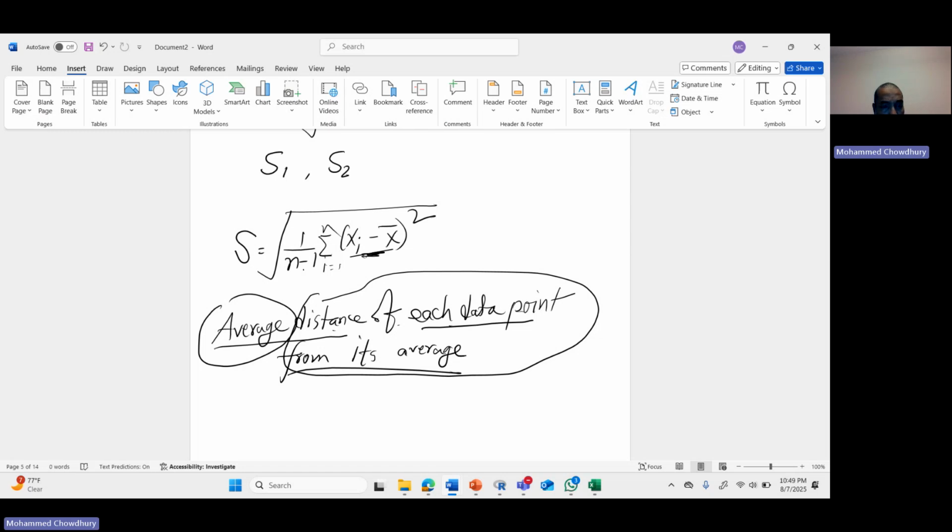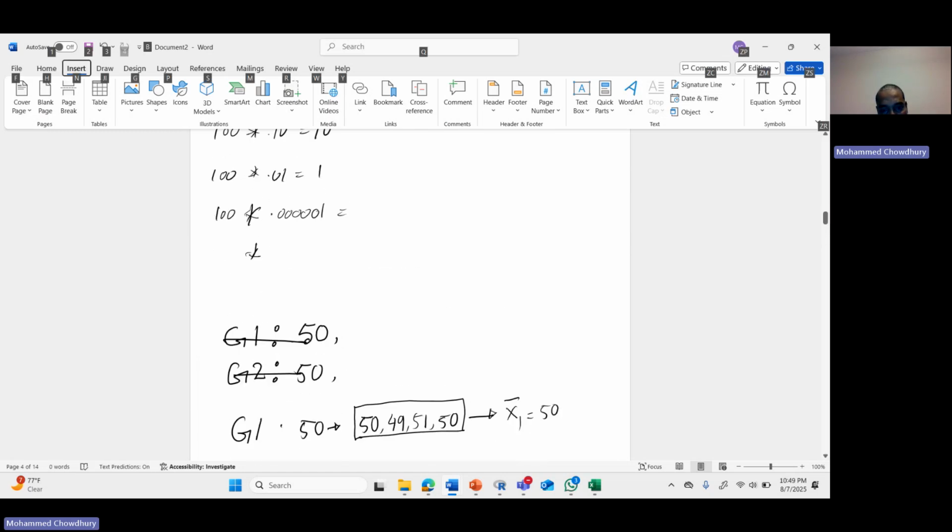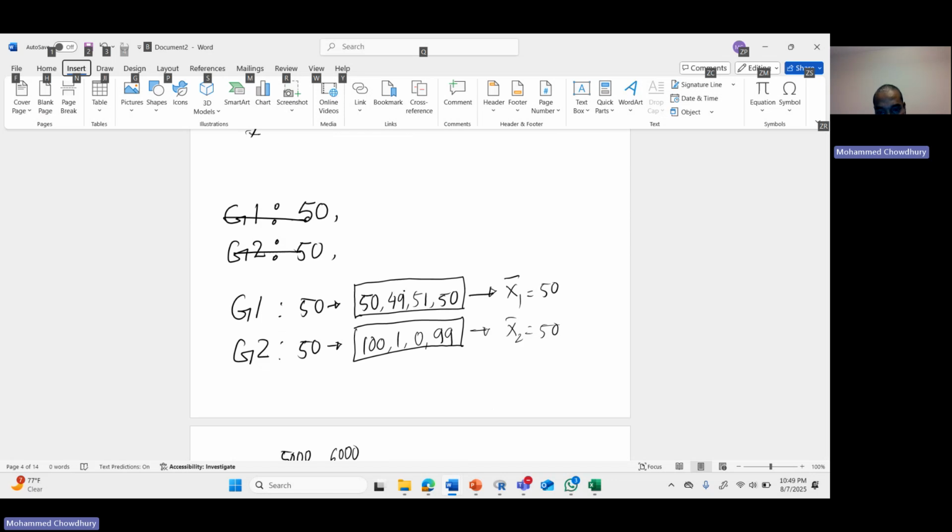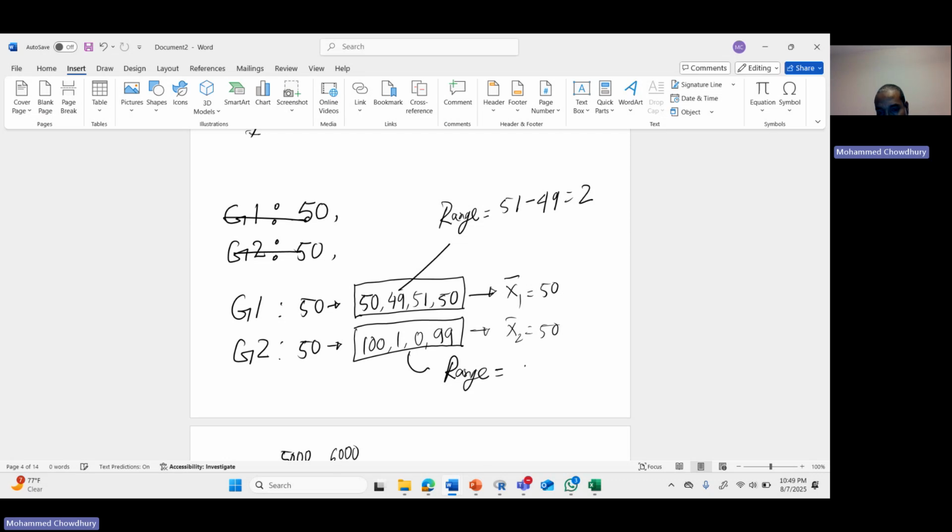Okay, so now if I have a data set like this that I mentioned here, and I ask to find the range, the highest value is 51 and the lowest value is 49. So our range is 2. In this case, range is the difference between the highest and lowest value.